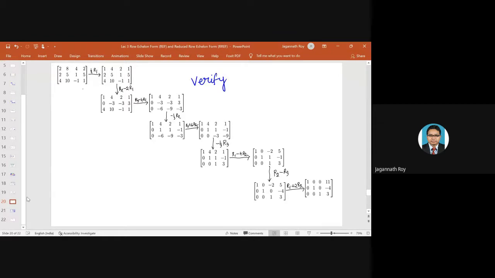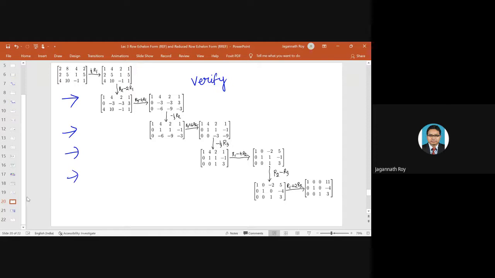No need to write in this diagonal position. You can just write horizontally or vertically. I wanted to write all the operations in a single slide, so that is why I have written in a diagonal way. But when you write in your notebook or in an exam, you can just write vertically, one by one.